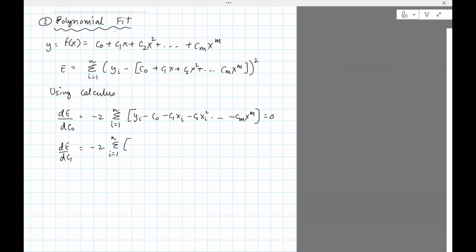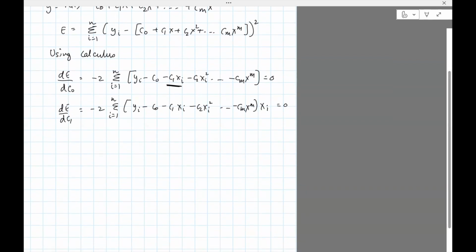Okay, so when you take this derivative, you'll have exactly the same thing as before. But in addition, you have to differentiate c1 x_i with respect to c1, so that will be x_i, equal to 0. Then you do the same thing with c2.